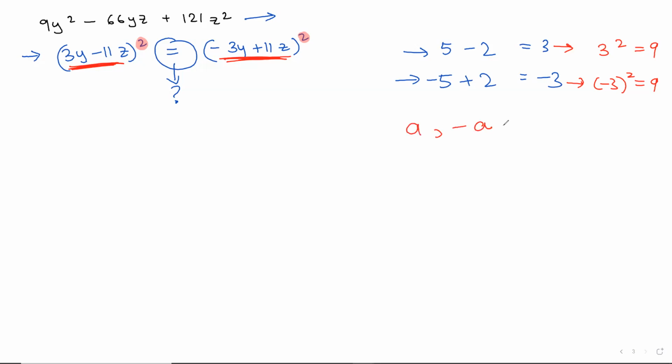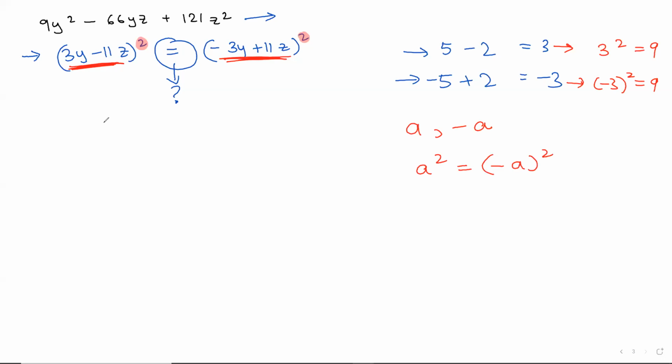They're very different from each other. But their squares will be equal. A square will be equal to minus a squared. Agreed? Yes, ma'am.